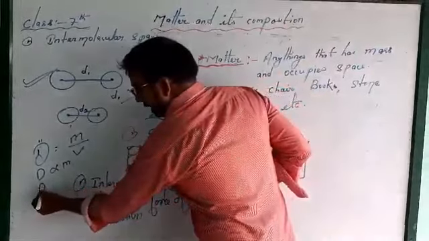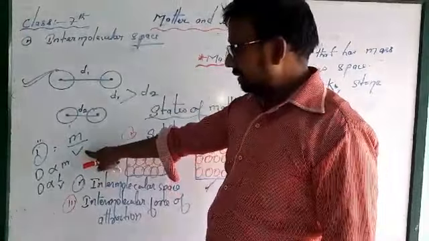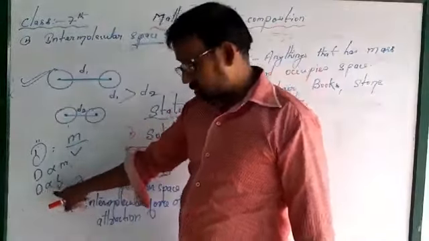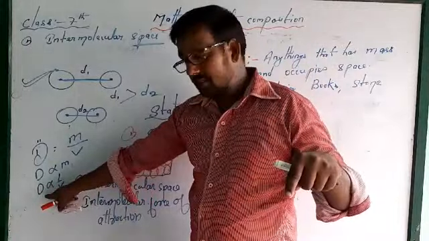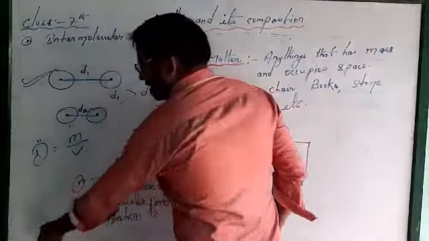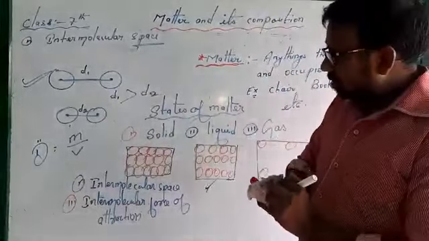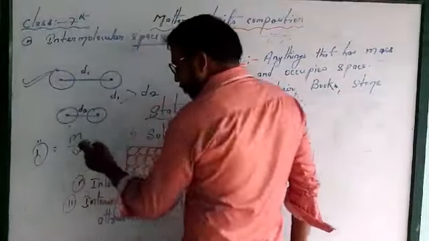And density is inversely proportional to volume: if volume increases, density decreases. There is no need to go deeper because you are in 7th class. Just remember, density is equal to mass per volume.